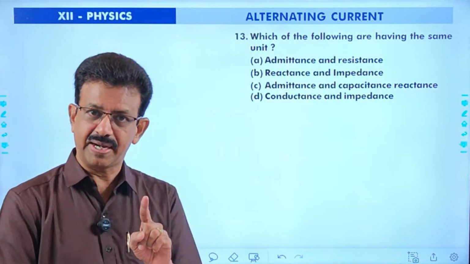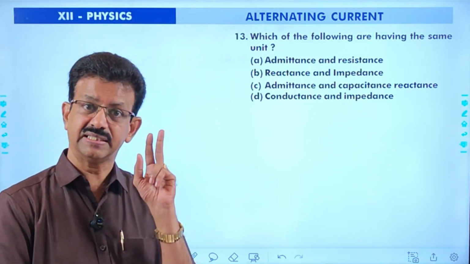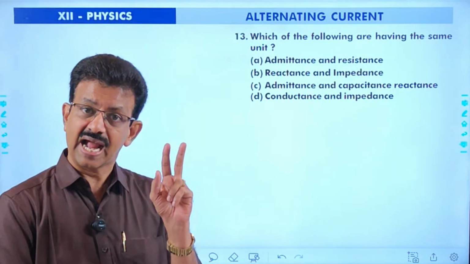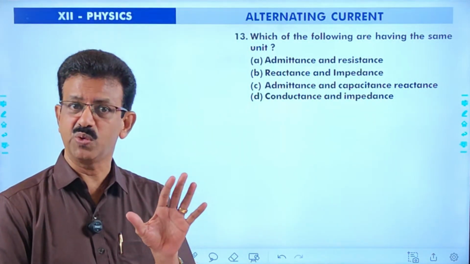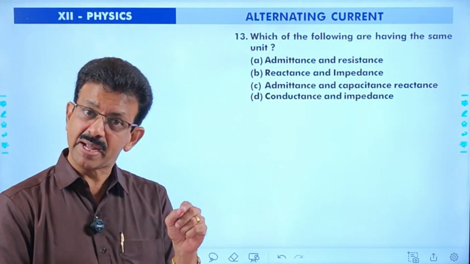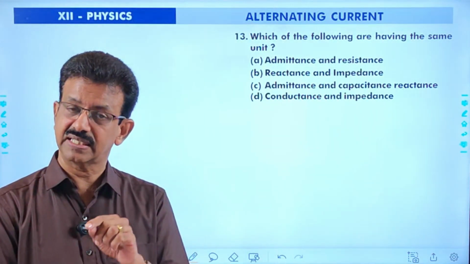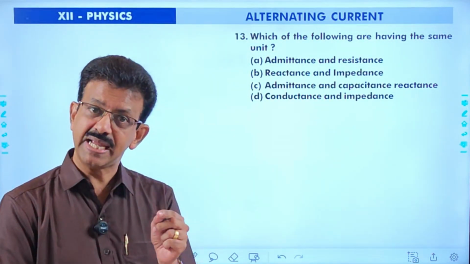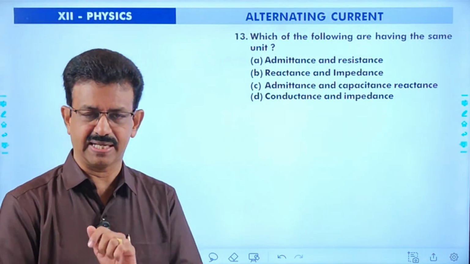Here, impedance, inductive reactance, capacitive reactance, and resistance all will have the unit ohm. 1 by resistance is called conductance. Similarly, 1 by impedance is called admittance.